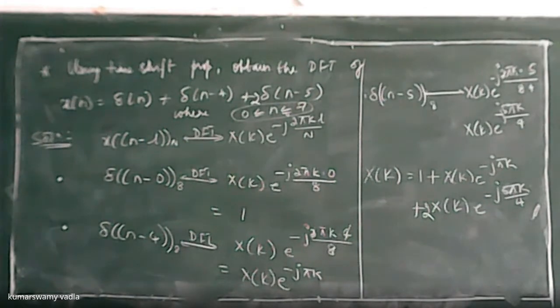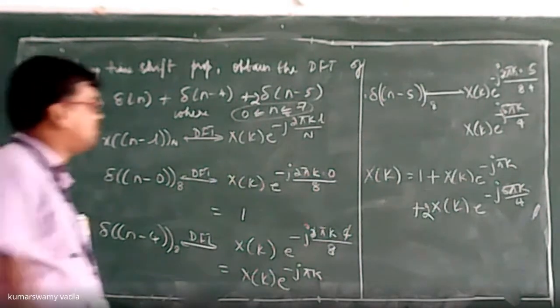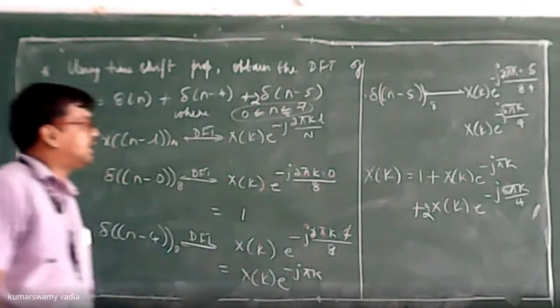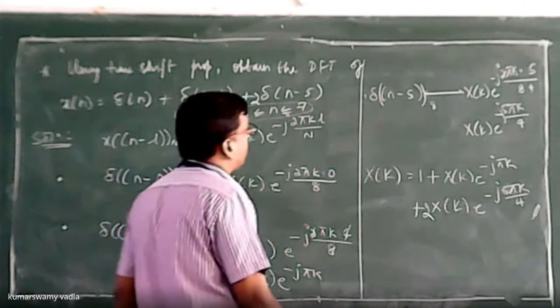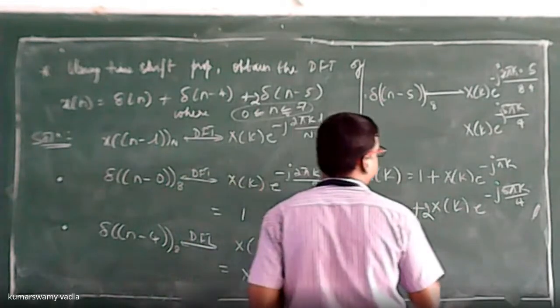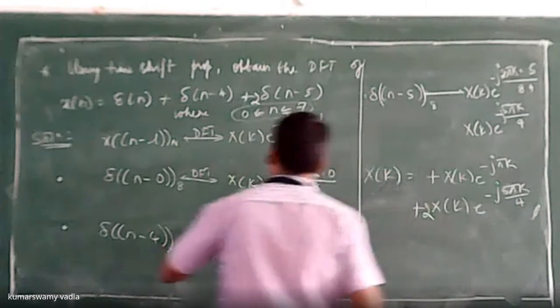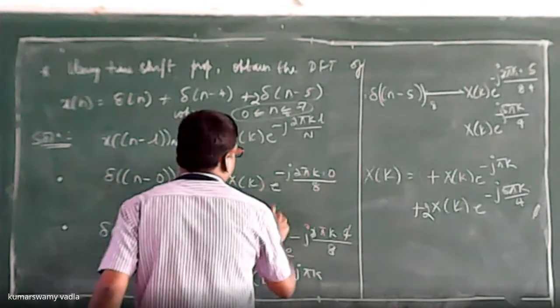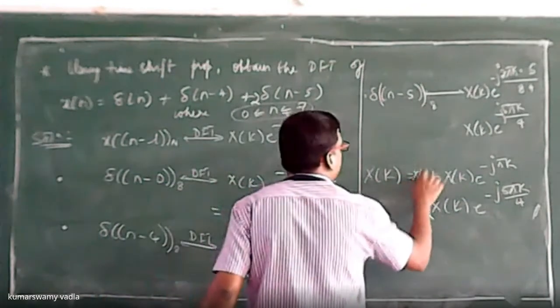So finally, what should we write here, students? Capital X of k is equal to these values. So this is capital X of k. Here you will be getting capital X of k into 1.